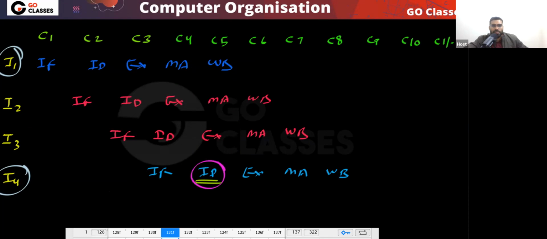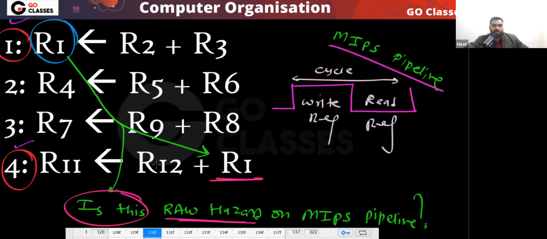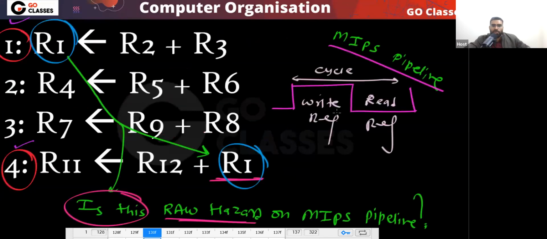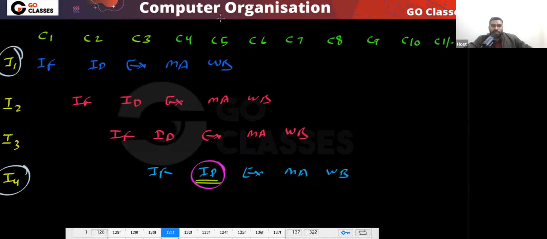Tell me. Remember, this is writing R1 and this is reading R1. Is the correct value of R1 available for I4? Yes, it is available, right? Because I already told you that in the half of this cycle, the correct value of register R1 will be available. Yes or no?